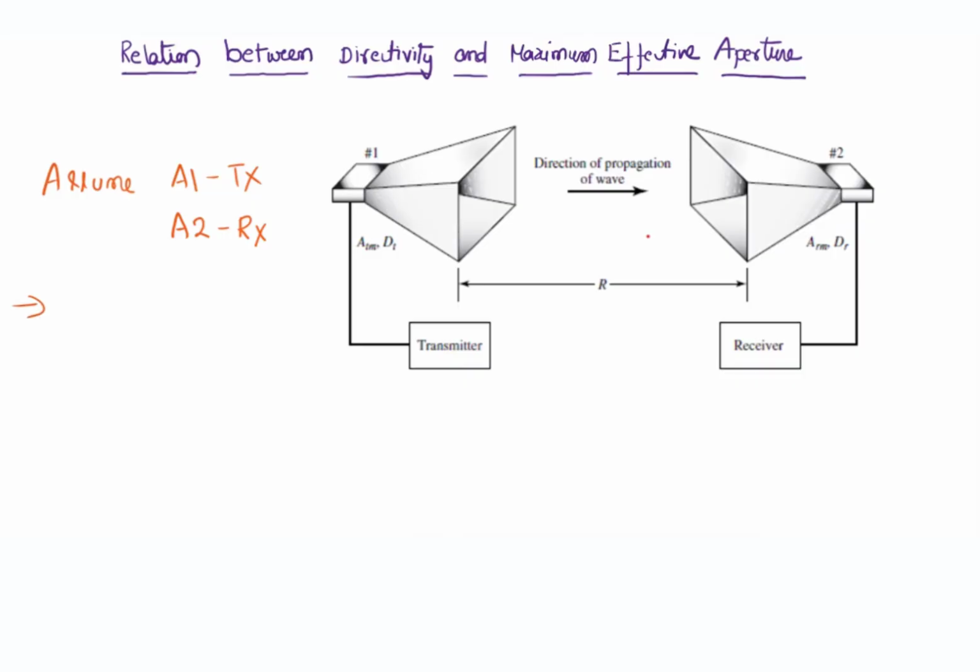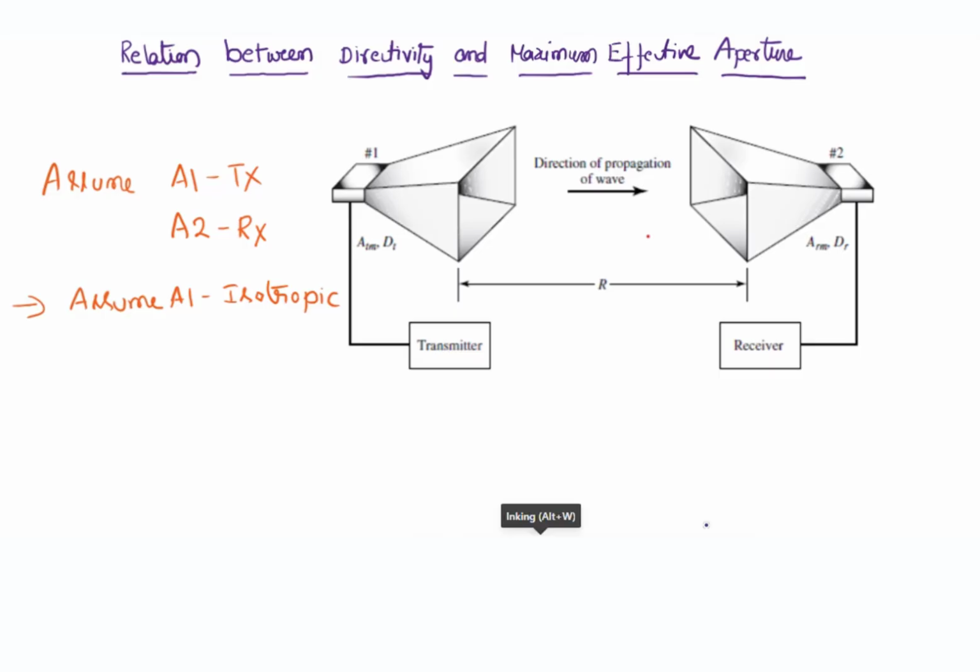At the same time, assume antenna 1 as isotropic also. Isotropic antenna radiates equally in all directions.